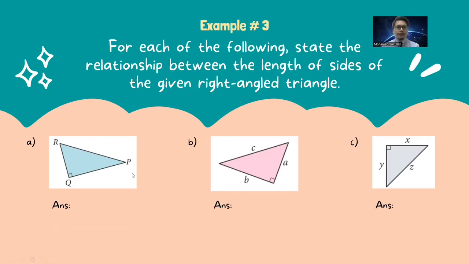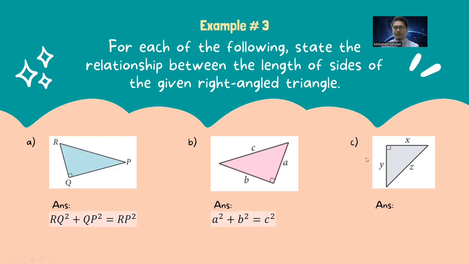So you can write RQ square plus QP square is equal to RP square. For the next question, you can write A square plus B square is equal to C square. Okay, can someone tell me what is the answer for C?